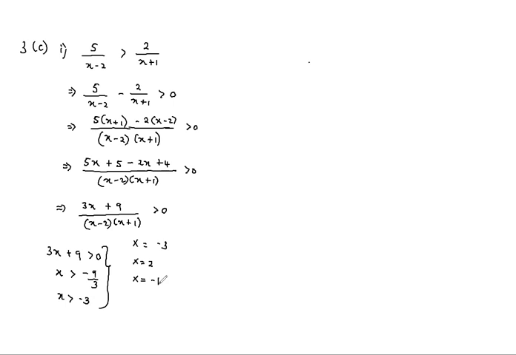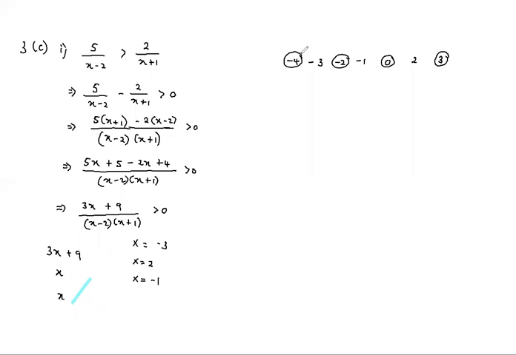So we have negative 3, negative 1, 2. After 2, we get 3. After negative 1, we get 0. Here we get negative 2. Here we get negative 4.